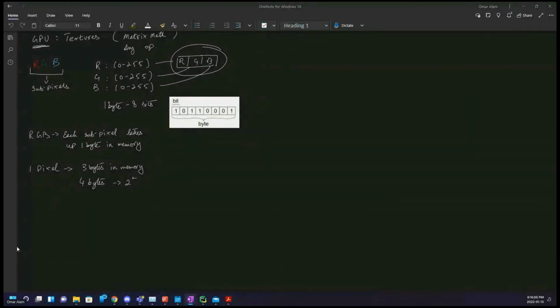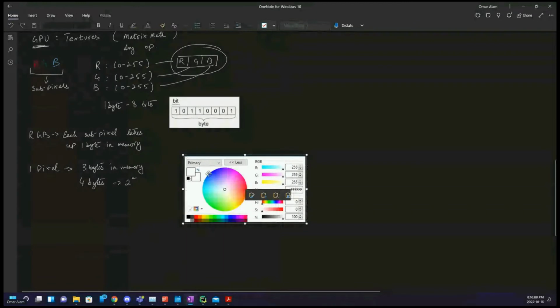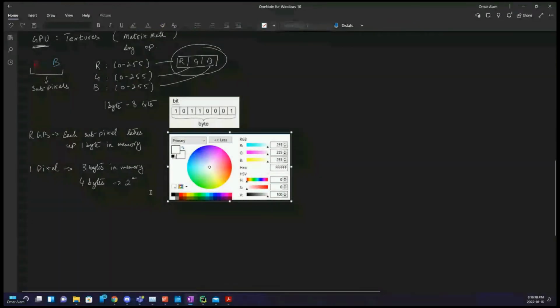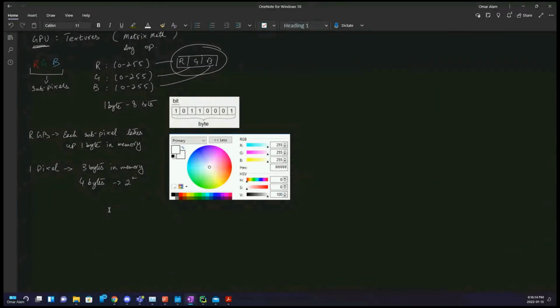And what I'll do is I will paste a color wheel here. If you've used graphics applications before, you've probably seen something very similar in that application. This one specifically is from paint.net. And as you can see here, if we combine the values of RGB to their maximum intensity, what we get is white. And if you start moving these sliders around, you move around in the color wheel.